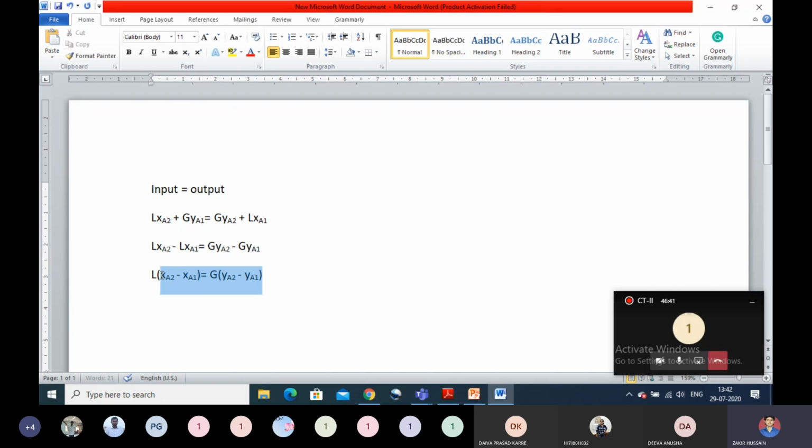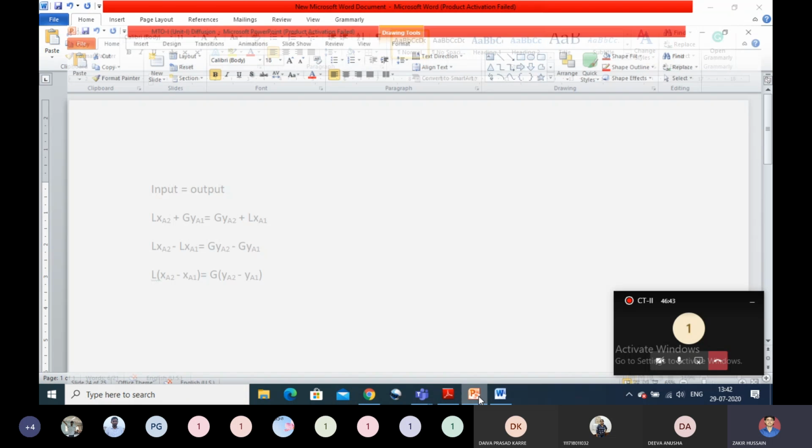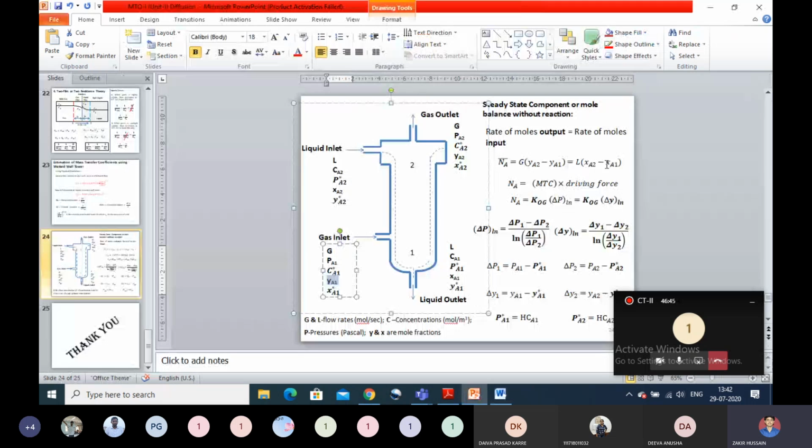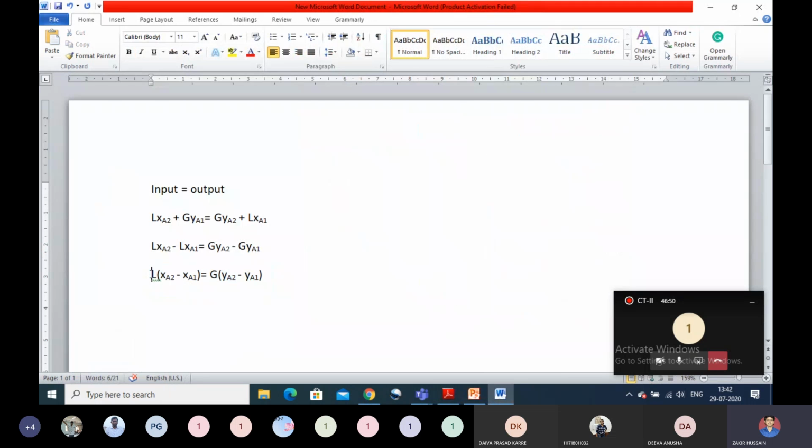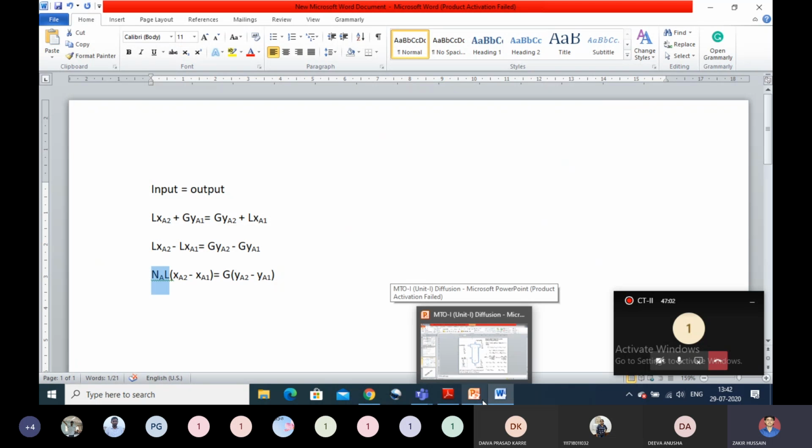This equation we have derived is the same as this equation. We can keep this as a molar flux. Here we are indicating it as Na bar, with a bar because it is not in the flux type.